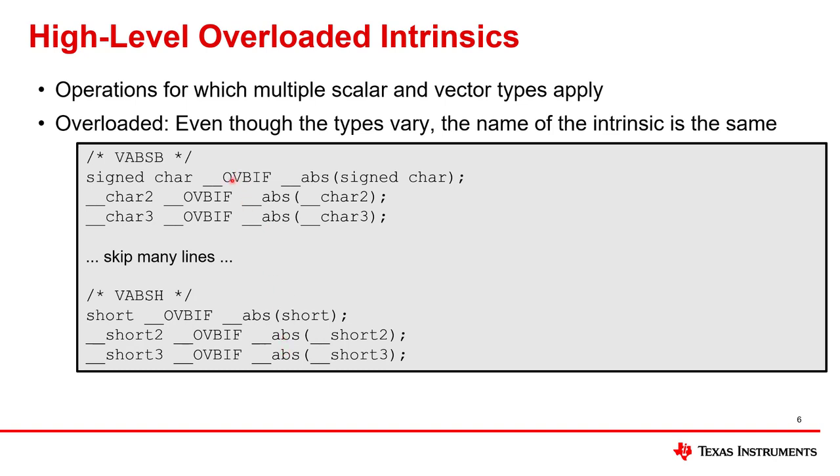For the moment, please ignore this bit about OVBIF. It's adding attributes to it. It's not relevant to the discussion at the moment. What I want you to notice is how the types are changing, but the intrinsic name is remaining the same. And this type right here, __char2, says it's a vector of 2 char. And that's a vector of 3 char, and same for short and short3, okay?